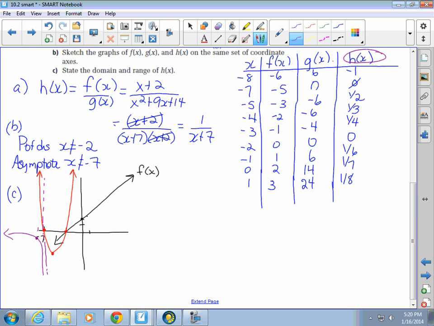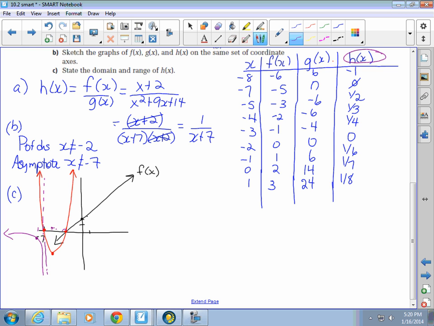If I do my other values on the other side of -7, at -5, it was at 1/2. So this is -5. 1/2 is about right there. -4, it was at 1/3. So getting even closer. And then 1/4. And then at -2, it was 0. But remember, at -2, I have a point of discontinuity.